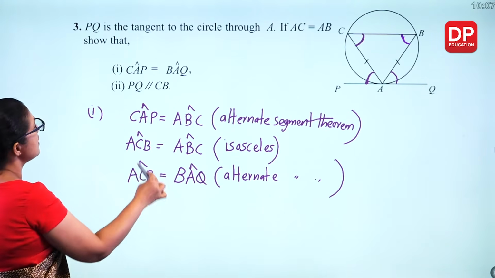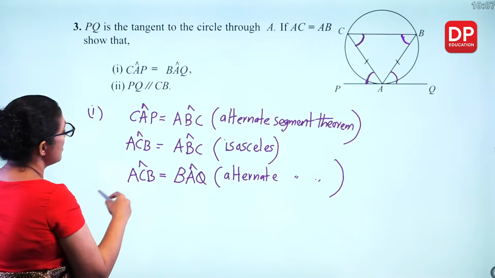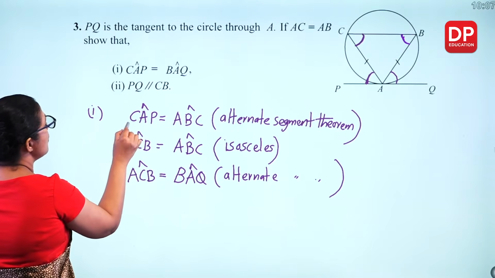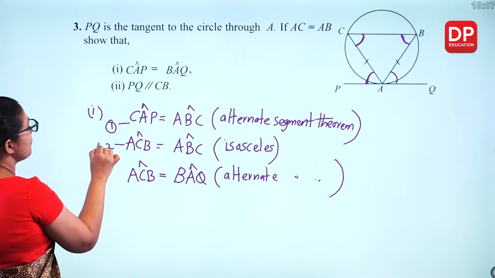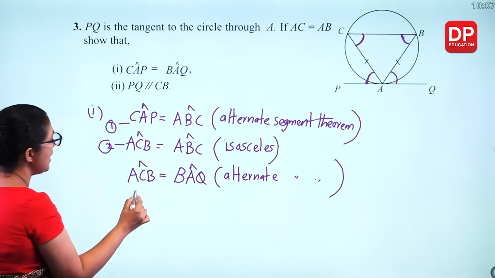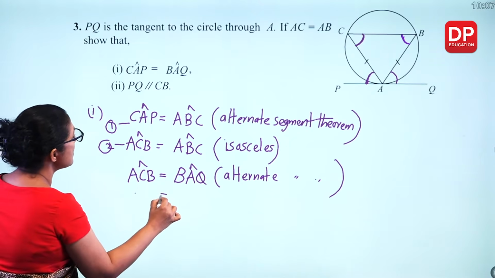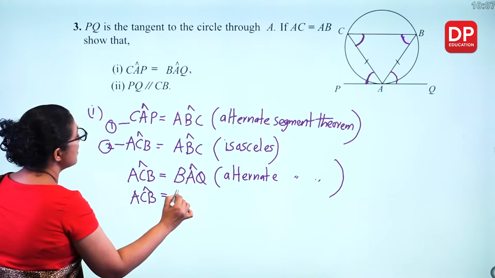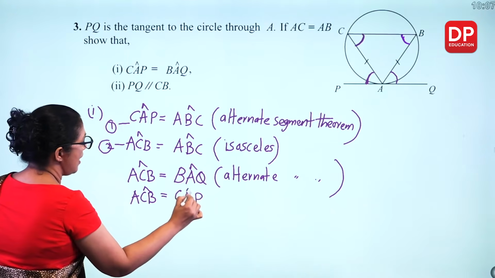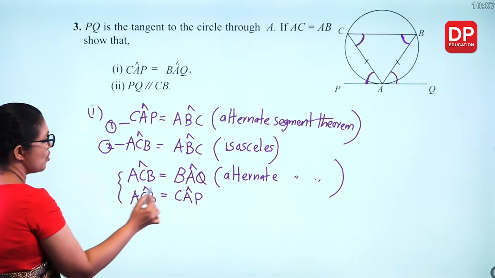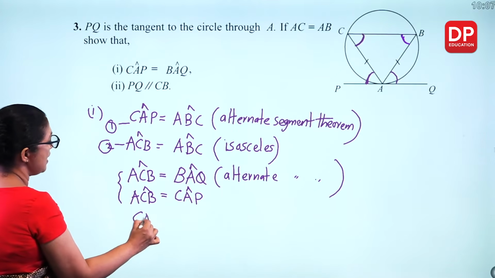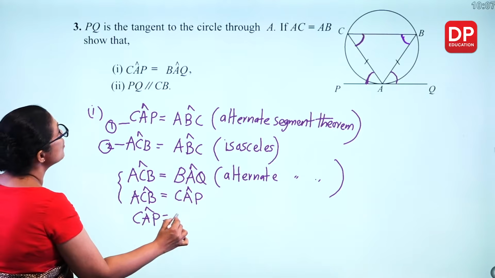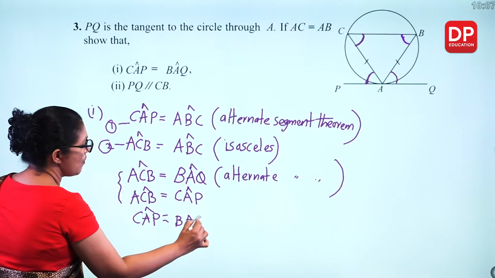So according to this information, when you take 1 and 2, CAP is equal to ACB, and when you take these two, we can say CAP angle is equal to BAQ angle.